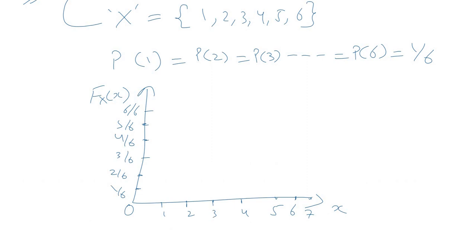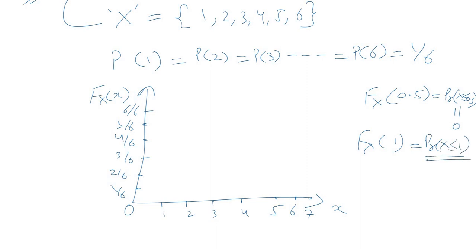If we analyze the CDF at 0.5, it is the probability X less than or equal to 0.5, which will be 0. What will be F_X(1)? It is the probability X less than or equal to 1, which is 1 by 6. So from 0 to 1 the CDF is 0, and at 1 the CDF is 1 by 6, right?